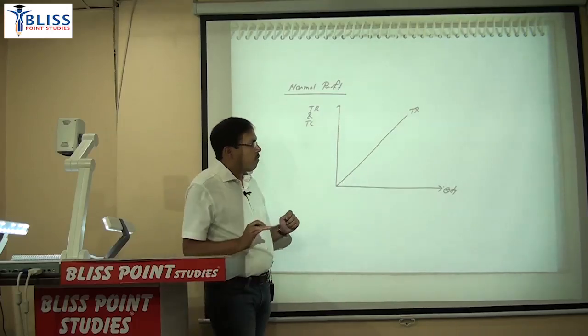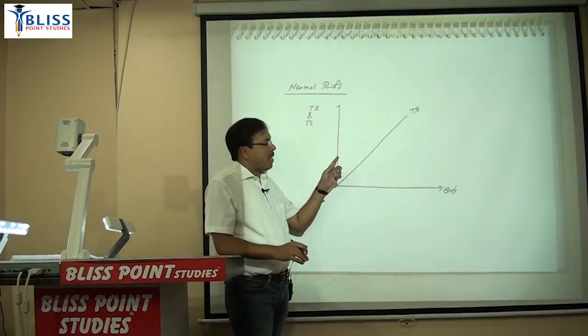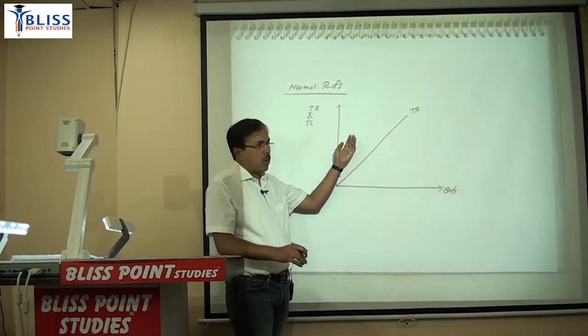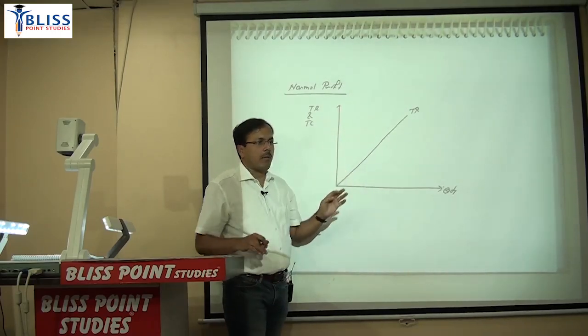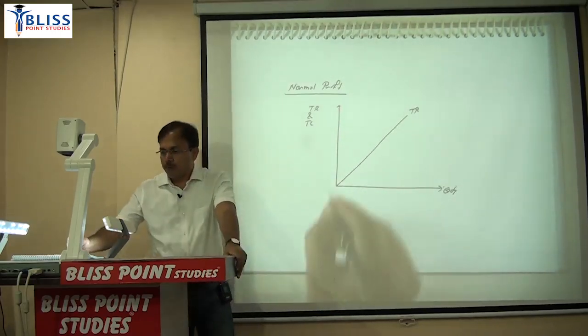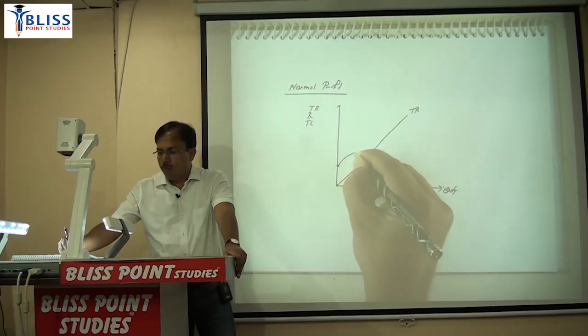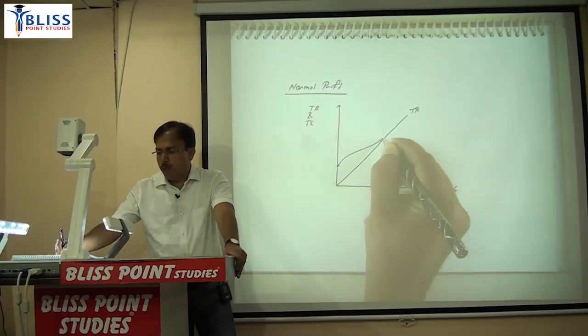Okay. Now in the first diagram you have drawn the total cost curve below this. In this loss diagram you have drawn it above it. So in the case of normal profit it must be just like this.